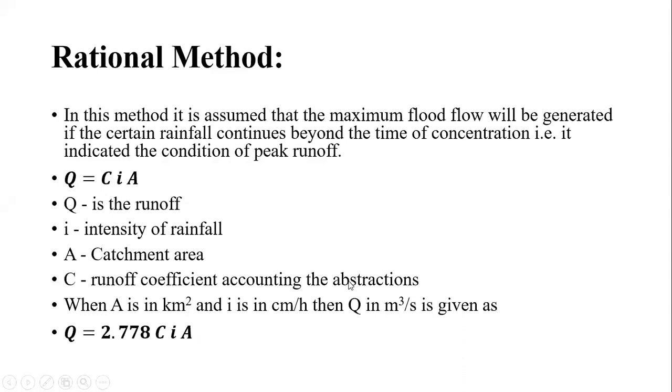For barren land, obstructions will be less. For cultivated land, obstructions will be more. Likewise, the C is going to change. It means that after the unit conversion, we will have the multiplying factor 2.778.